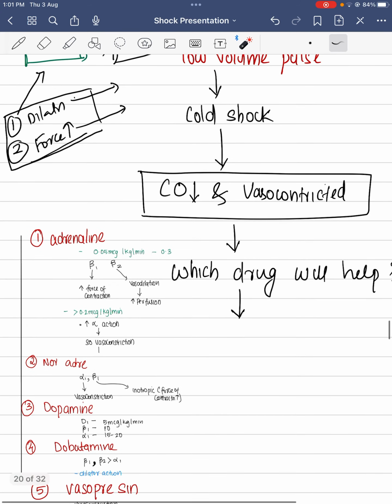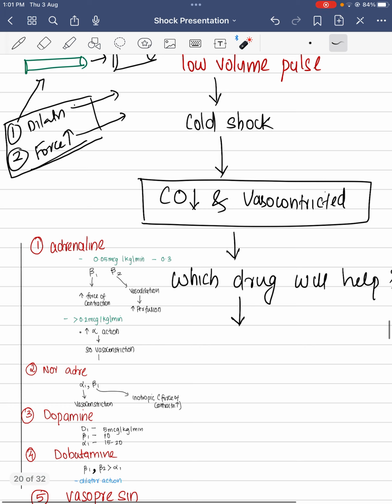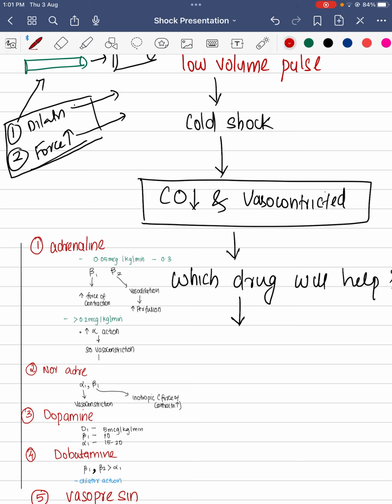Let us take adrenaline. Number one, adrenaline has beta 1, so it can increase the force of contraction. Now dilatation: adrenaline can do dilatation also. So one option is adrenaline, at a dose of 0.05 to 0.2.